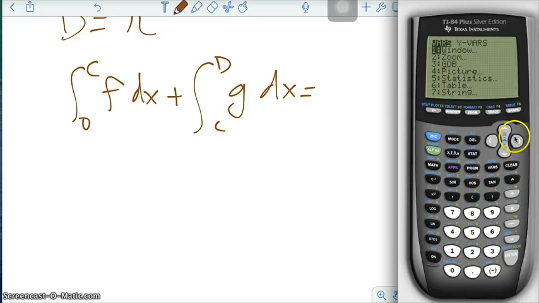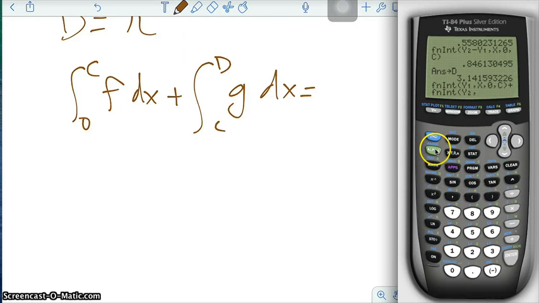Vars, function, and then there was G, function G, which was the second one. Comma, with respect to x, the variable of integration, and then comma. Lower boundary would be C. If we don't remember again, look back really quick.